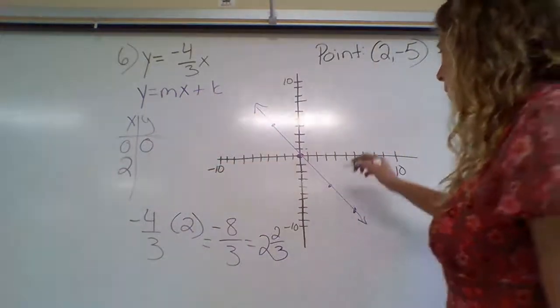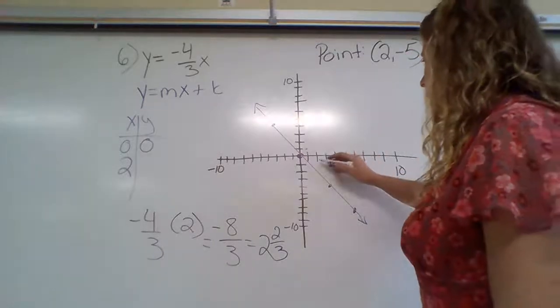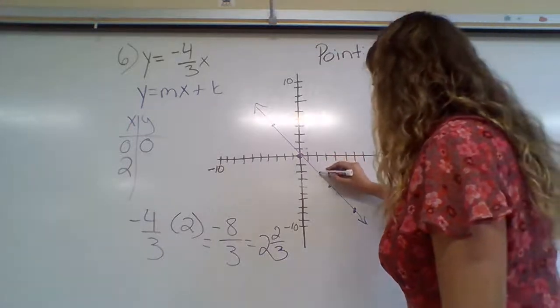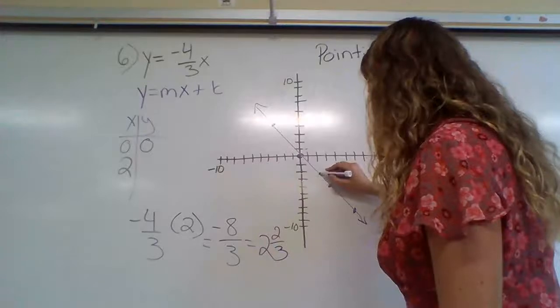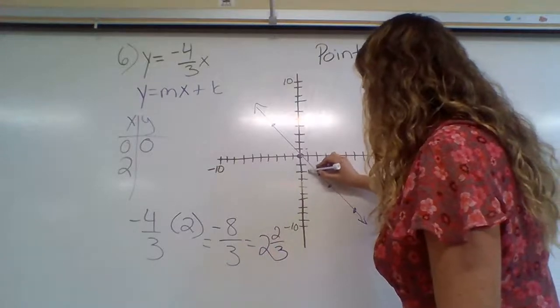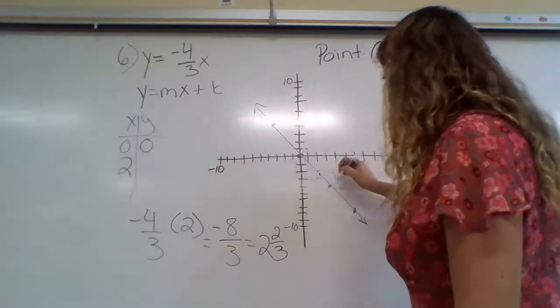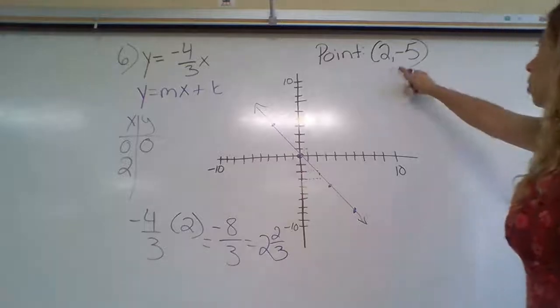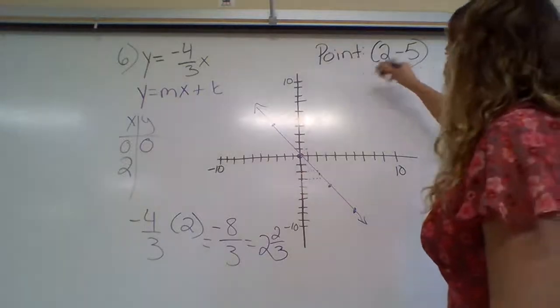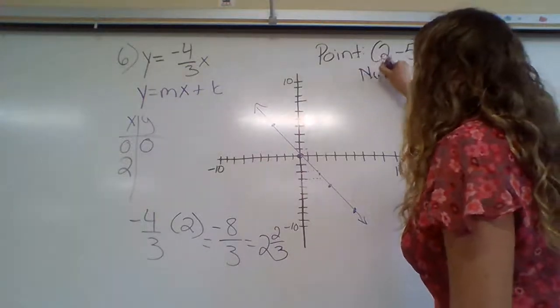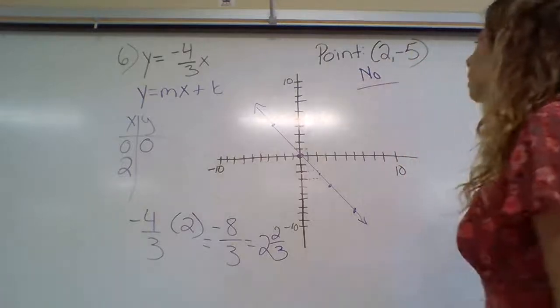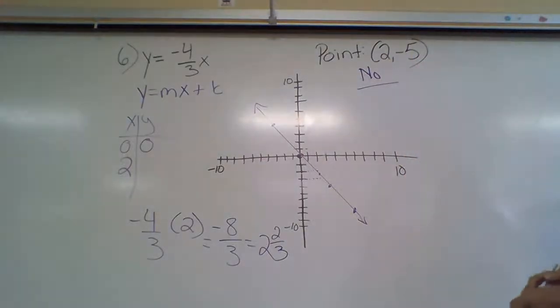So that is where our point is. X is 2, y is like, yeah, right there. In between -2 and -3. So no, this is not on our line. No, that is not a solution to the equation.